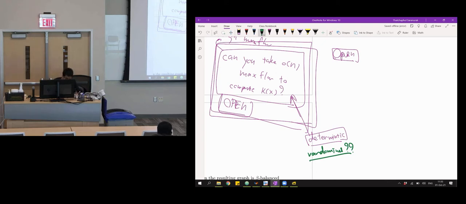But there is another problem which is very similar in flavor, which is now you have a directed graph. You have root x.